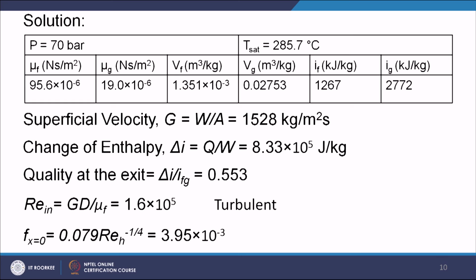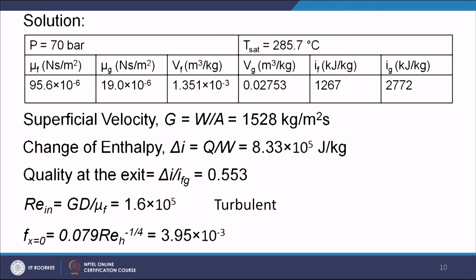Right. Now, first let us find out the superficial velocity G, which is W by A. So, W is given, and A we can find out because the tube diameter is given. So, we can find out the superficial velocity comes out to be 1528 kg per meter square second. Now, let us see what the enthalpy change is.